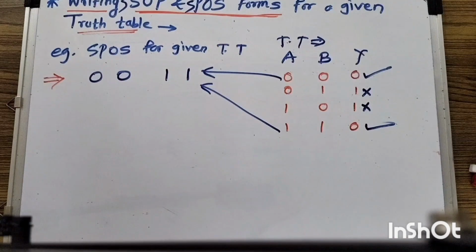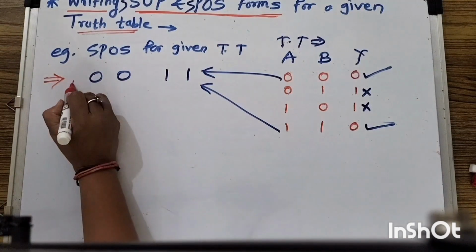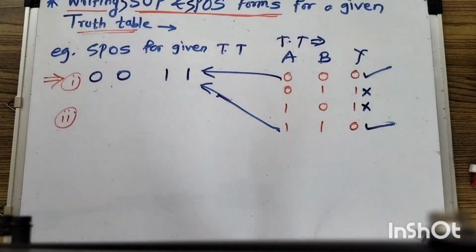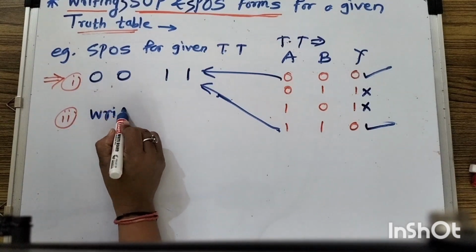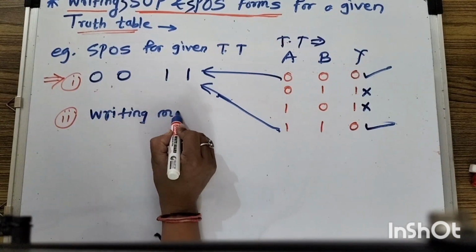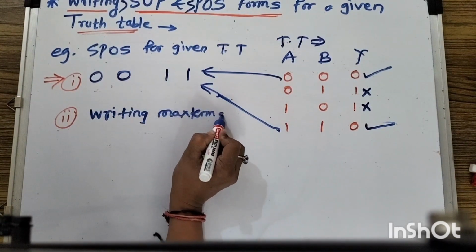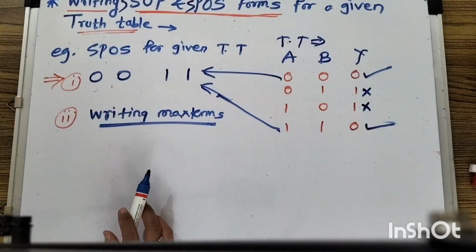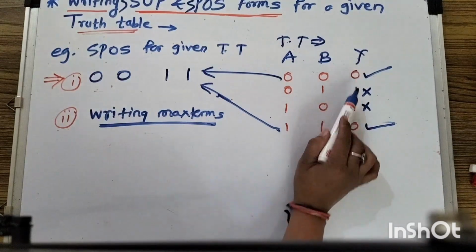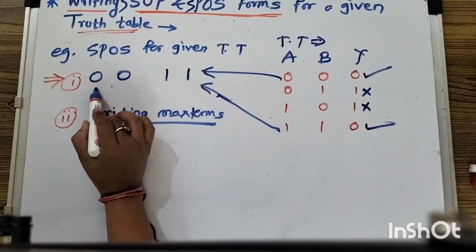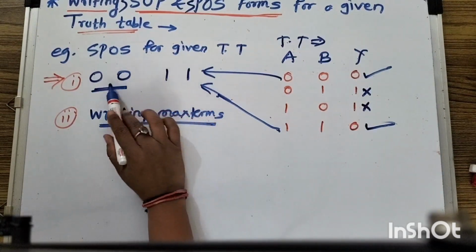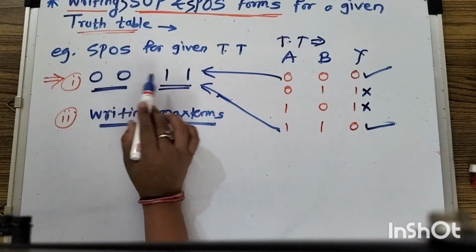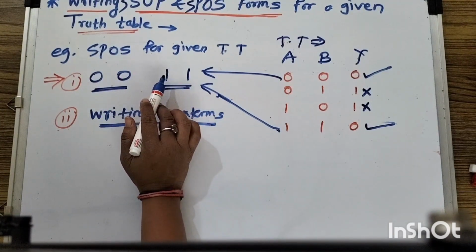What is the second step? The second step is writing max terms for those input combinations for which we get the output low. These are my two input combinations for which I got the output 0.